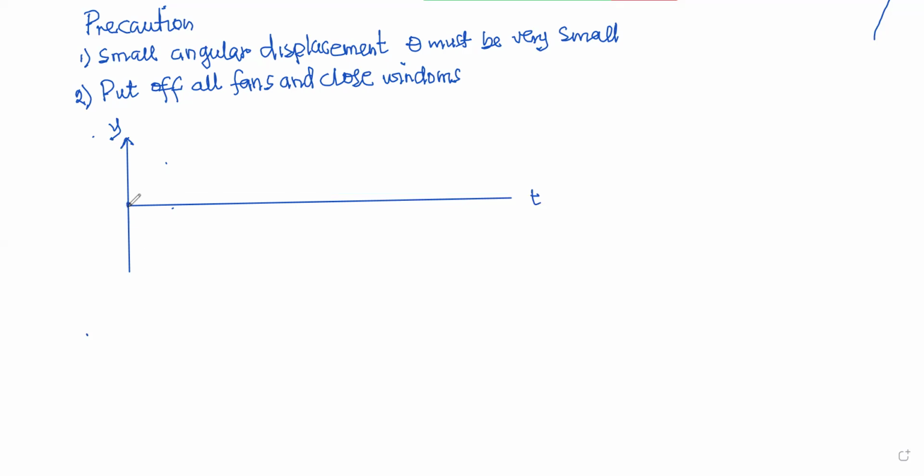So the oscillation will be free oscillation, where the amplitude of oscillation is the same. I must revise my wave. So this is one cycle. Another cycle must have the same amplitude as the first one.